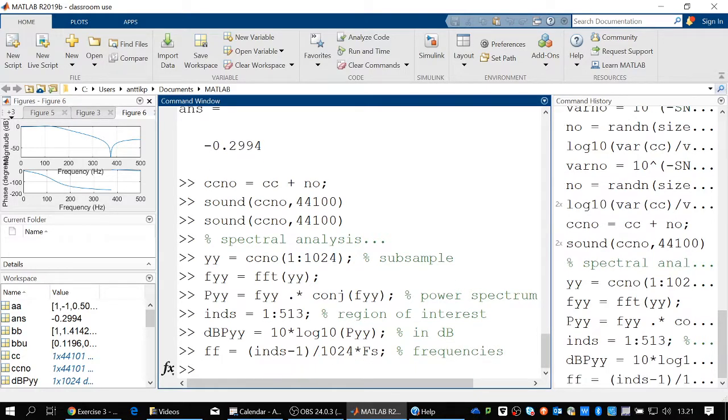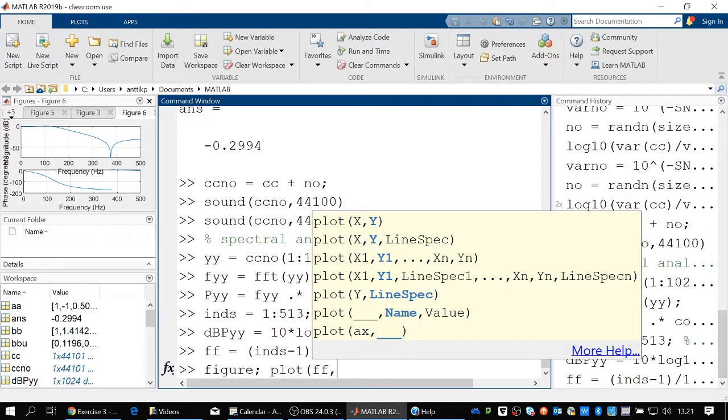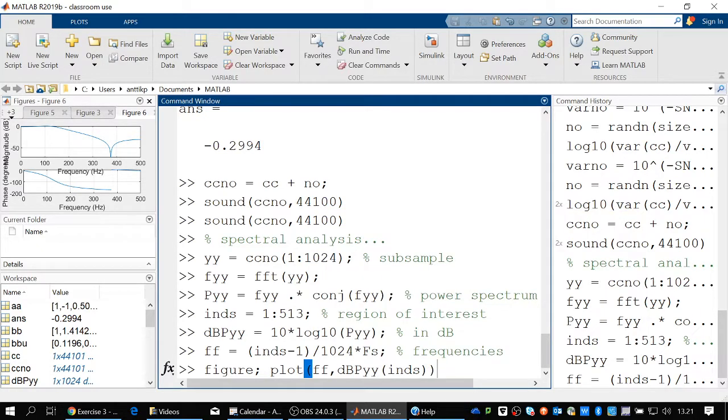And now we can plot it. New plot. Plot, not stem anymore. Plot x is FF, and the other part is dB PYY, but only the indexed values. There.